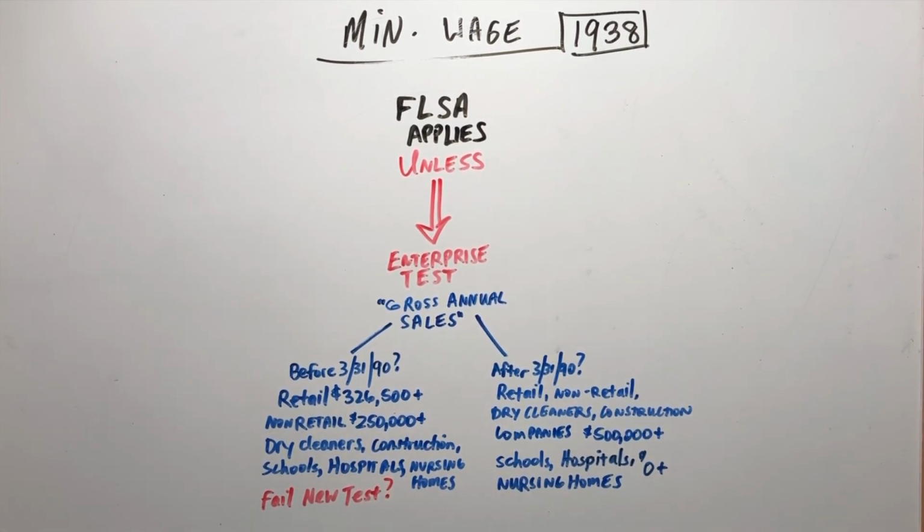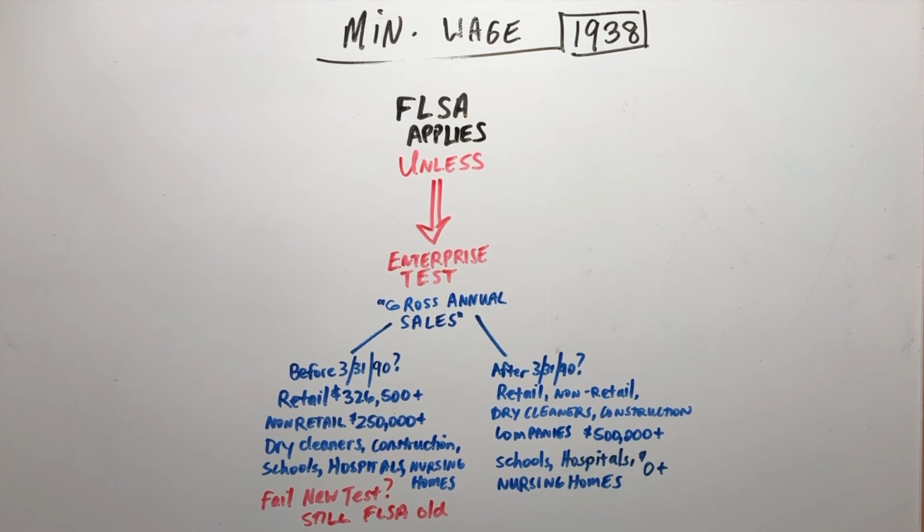Well, if you fail the new test and you're one of these companies that started before 1990, then you still have to abide by the Fair Labor Standards old regulations. So there are a little bit of differences here, but this is what's called the enterprise test. And so there are some companies that fit into these categories that may not have to follow the minimum wage and overtime and whatnot from the Fair Labor Standards Act.